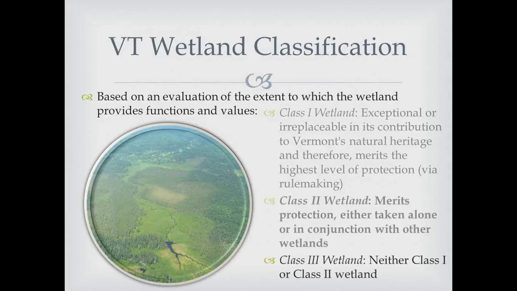And then Class 3 wetlands, there's a nice circular reference here, that they're neither Class 1 or Class 2 wetlands. And basically these are wetlands that I would describe as not having a whole lot of function that merits protection. It could be that they're very small. It could be that they're in a landscape position or managed in such a way that they don't really have the function and value that we look for.